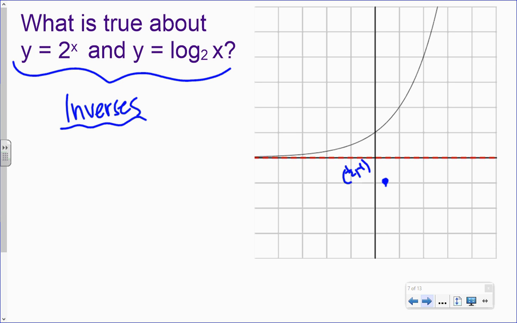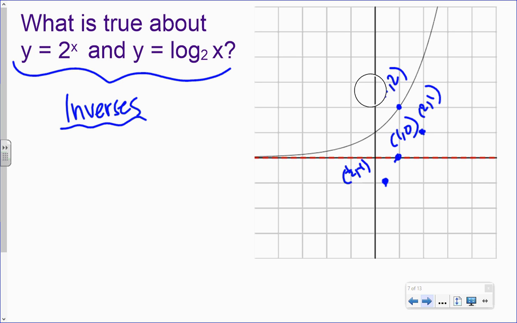On our exponential function, we have the coordinate (0, 1), so on our inverse, it becomes (1, 0). And last but not least, this coordinate on our exponential graph is (1, 2), so that becomes (2, 1).